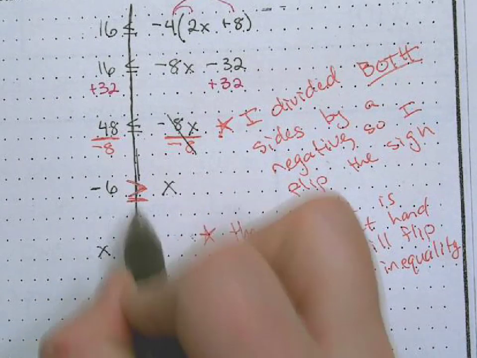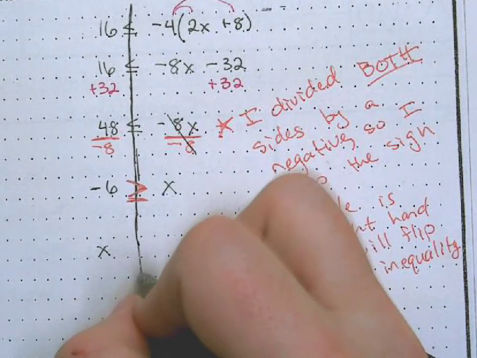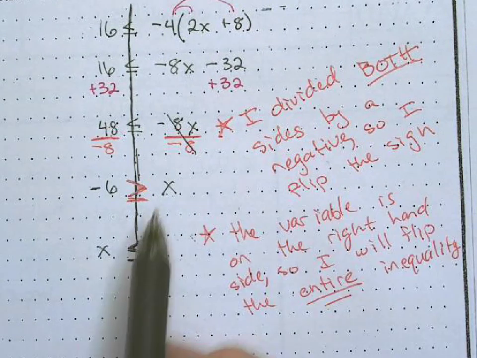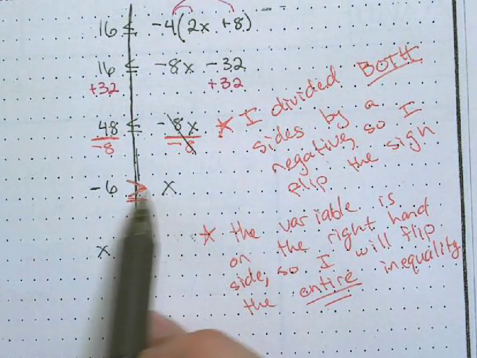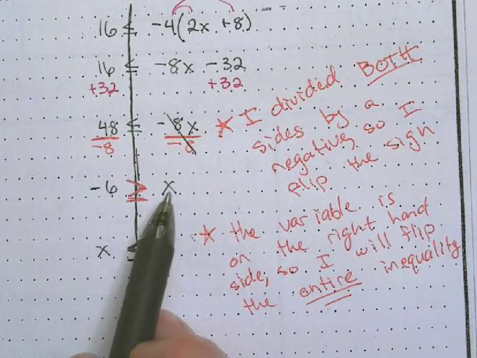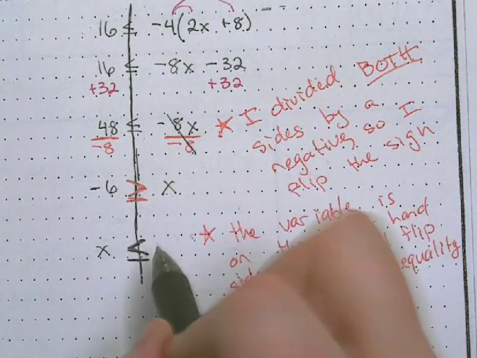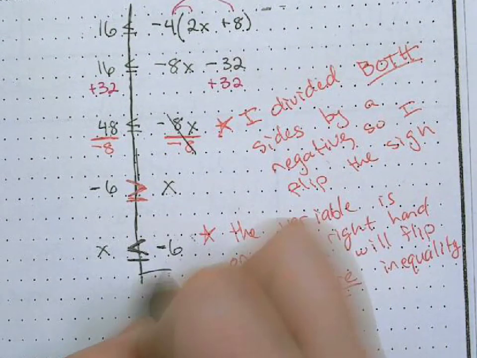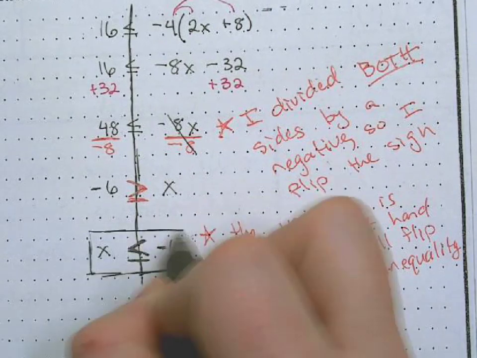So x comes first. My sign will flip again, but that's because I'm flipping the entire inequality so that x comes first. It's kind of like I'm reading it backwards, but I'm going to write it left to right. So I'm flipping the x first, flipping my inequality, and then we write our negative 6, and then we are done.